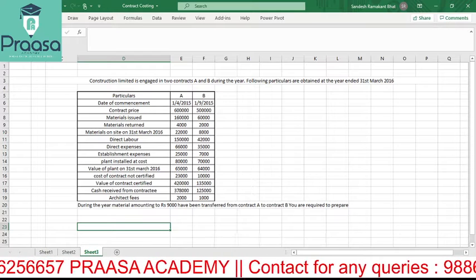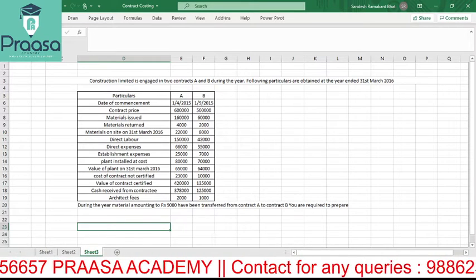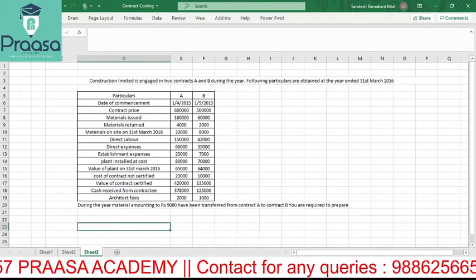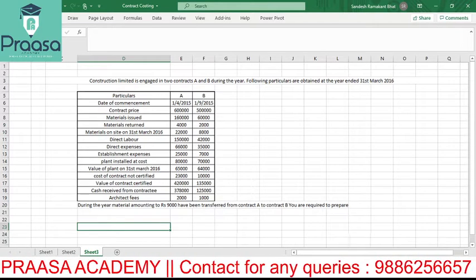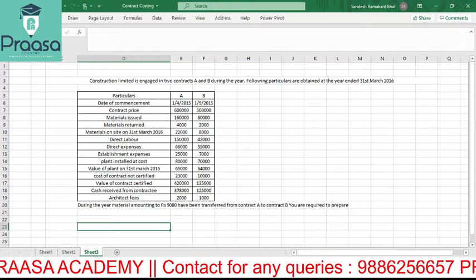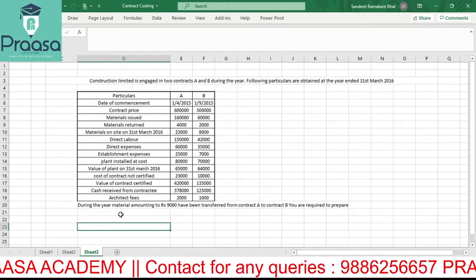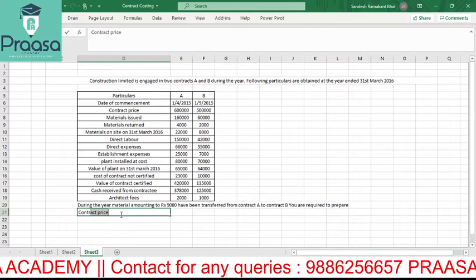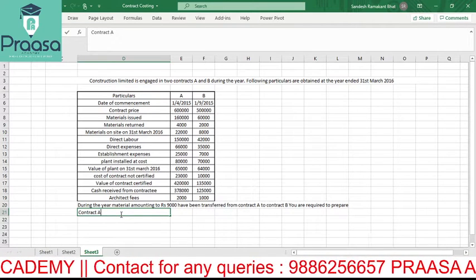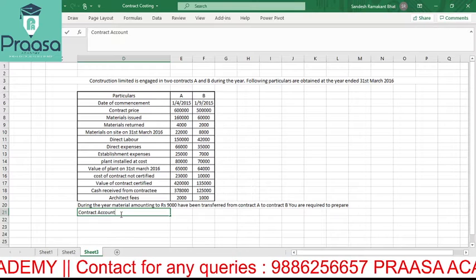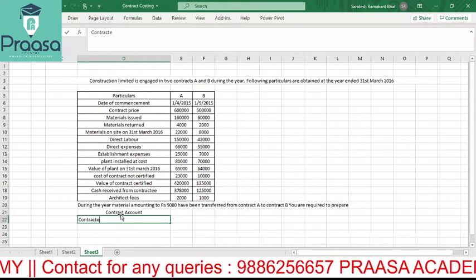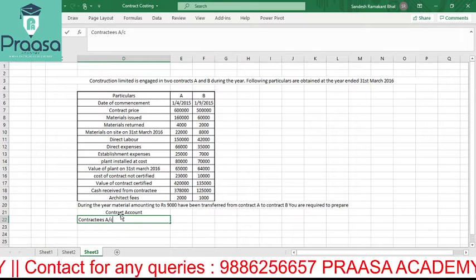During the year, material amounting to rupees 9,000 has been transferred from contract A to contract B. You are required to prepare, first, as usual, the contract account. Second, the contractee's account.